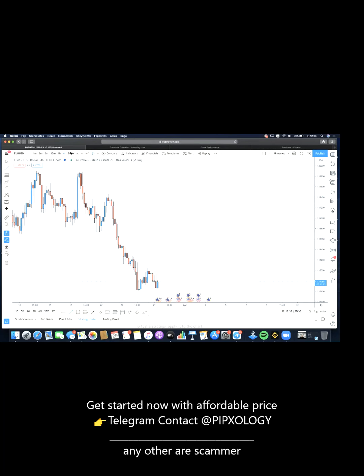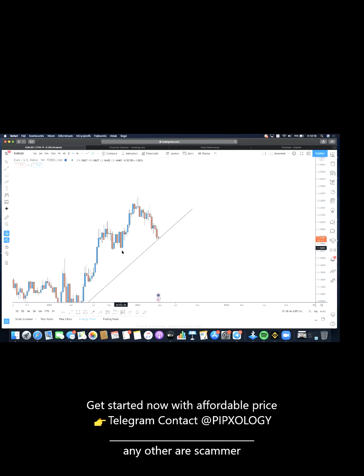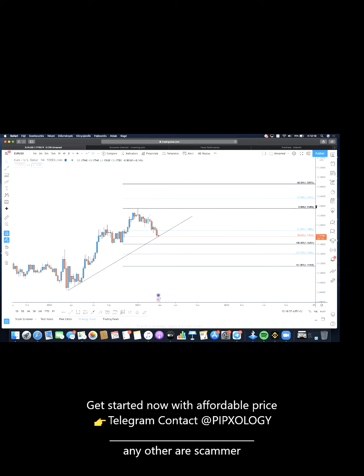Let's see EUR/USD. On EUR/USD, we can see the price sitting at the 78.60 level. Also, it stopped at the trend line.